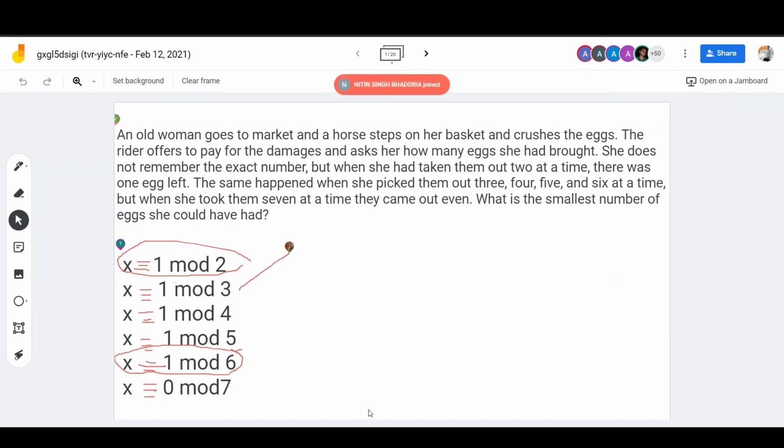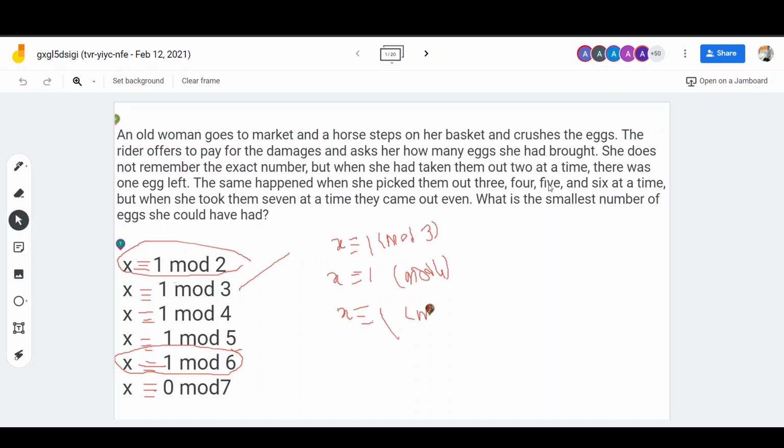This one, x is congruent to 1 of mod 3, then x is congruent to 1 of mod 4, and x is congruent to 1 of mod 5, and x is congruent to 0 of mod 7.